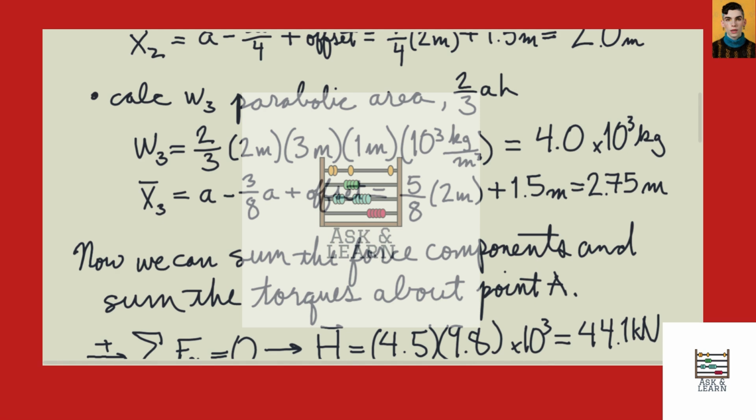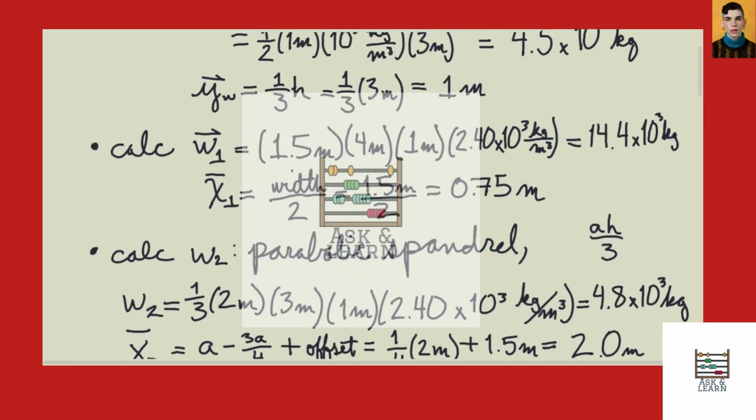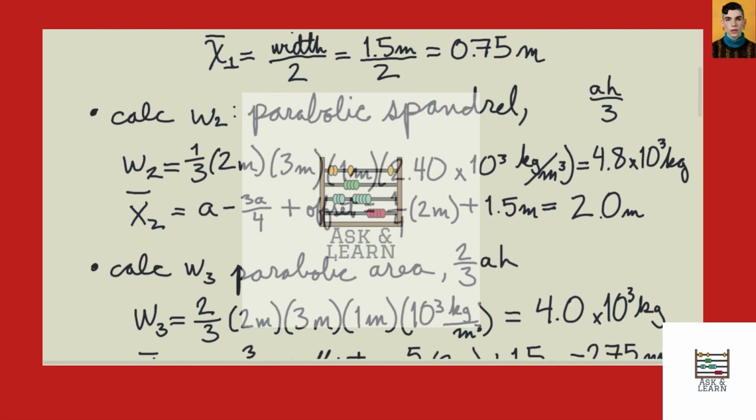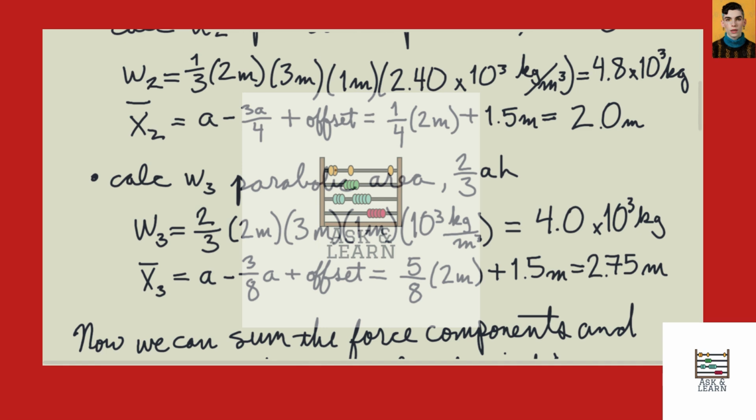And we're going to add the total offset as well, the beginning of the rectangular boundary, 1.5 meters. Plugging in these numbers, we're left with 5/8 times 2 meters plus 1.5 meters equals 2.75 meters.